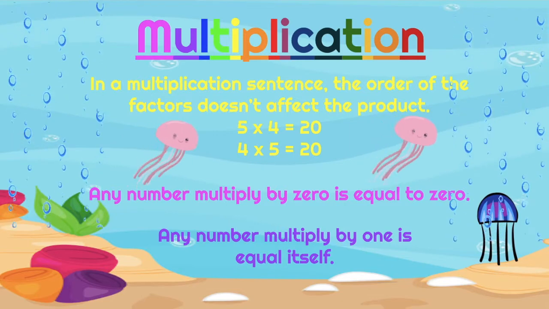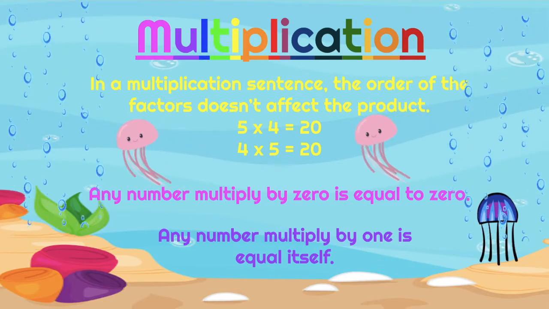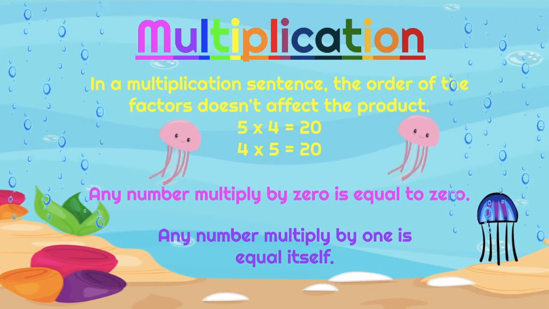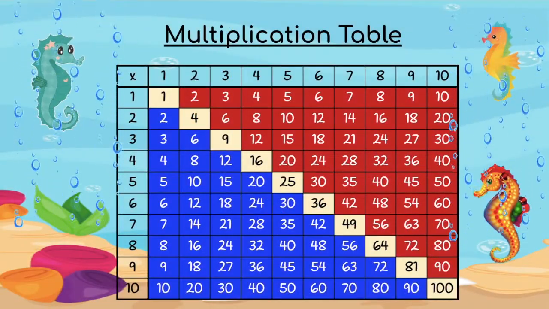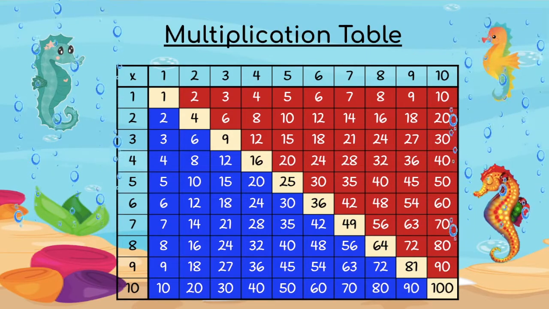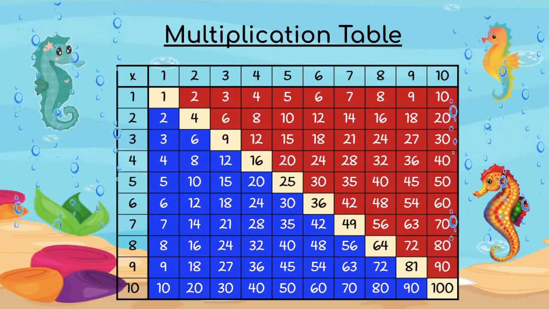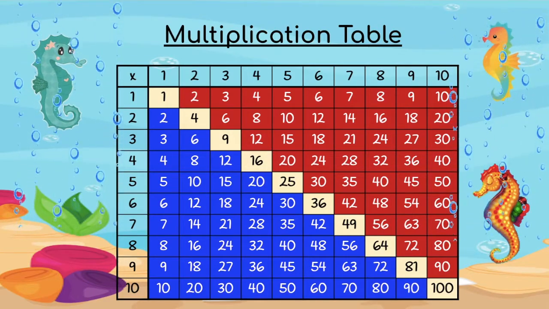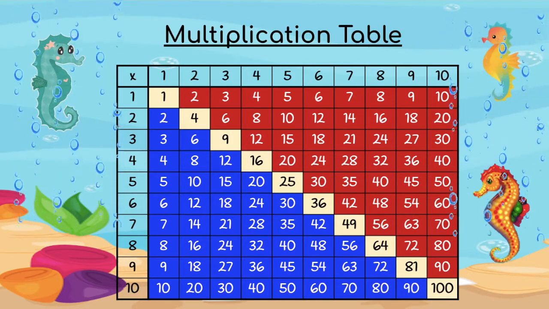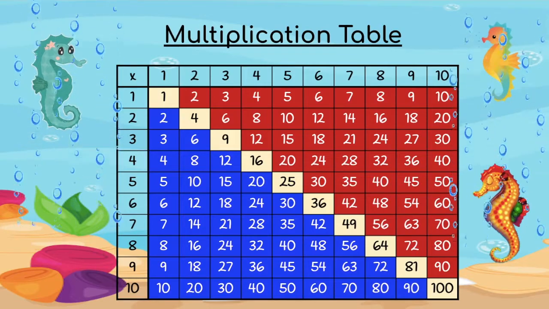After knowing the basic facts about multiplication, let's now talk about the multiplication table. If you take a closer look, you will notice that the numbers in the red boxes are exactly the same as the numbers in the blue boxes. The only difference is that the factors are arranged differently.